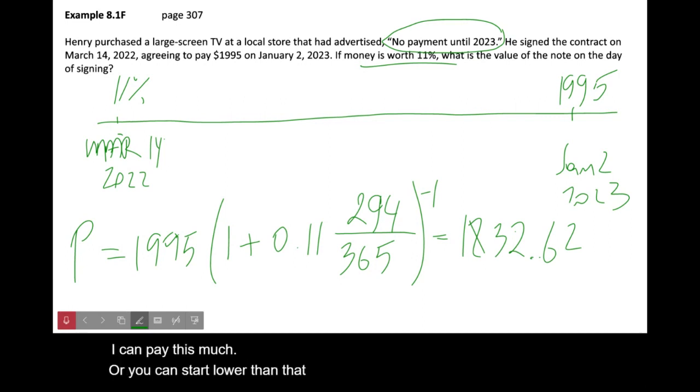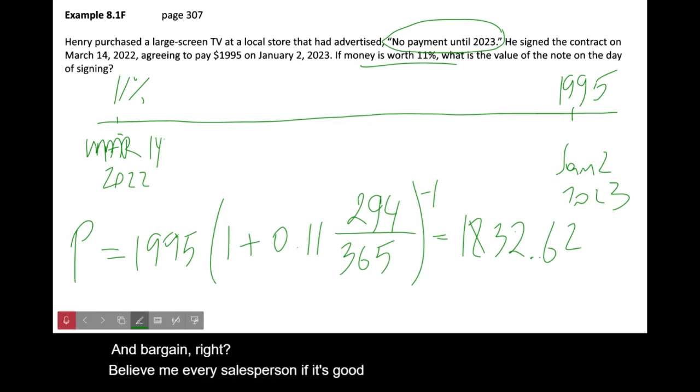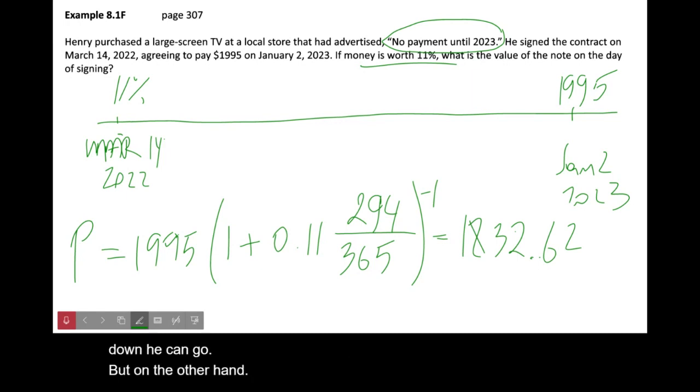You can start from 1500 and bargain, right? Believe me, every good salesperson knows how far down he can go. But on the other hand, the discount you get is coming out of the salesperson's pocket.